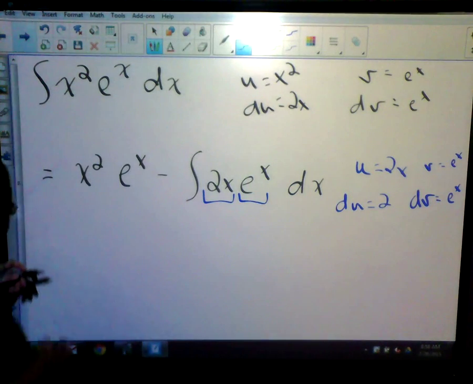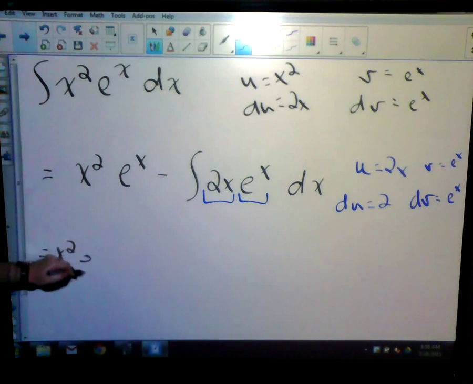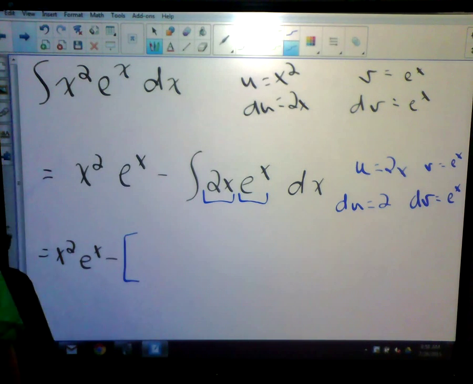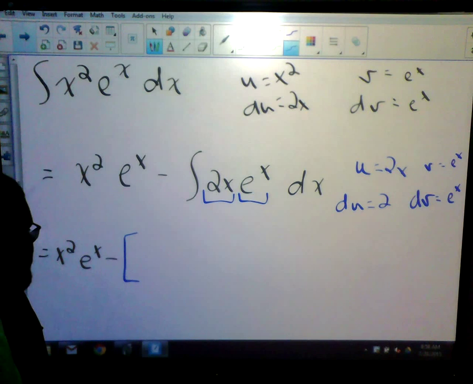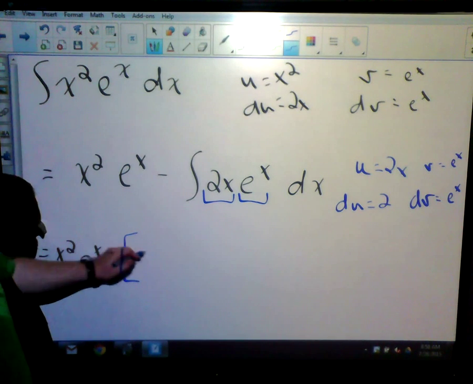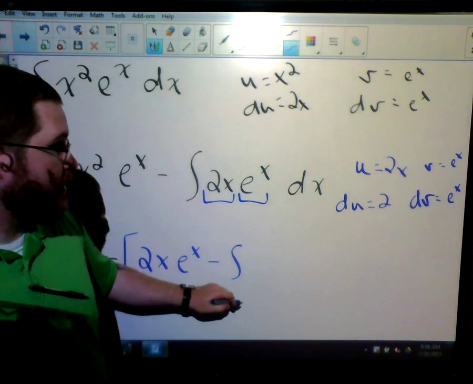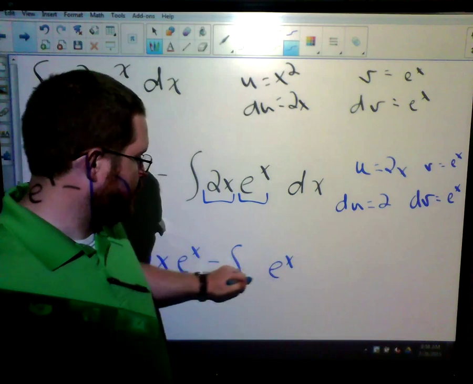So my problem is still going to be x squared e to the x minus, but now I've got another integration by parts problem: uv minus the integral of v du.